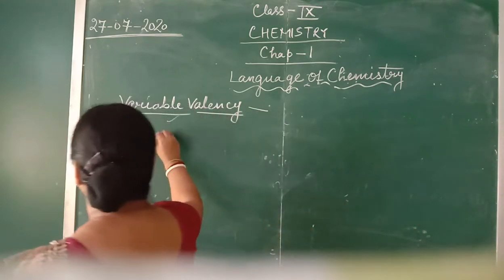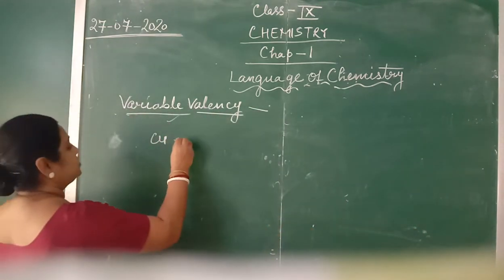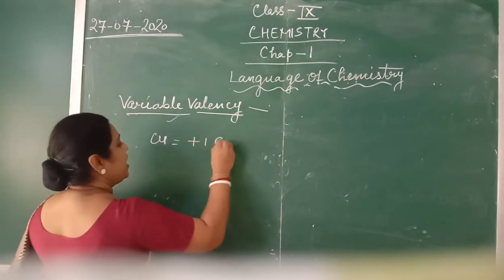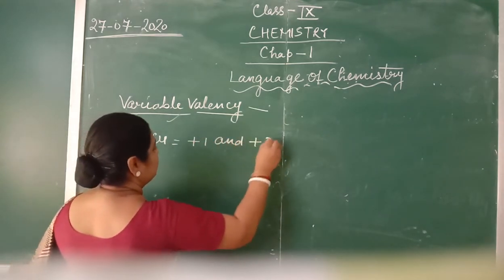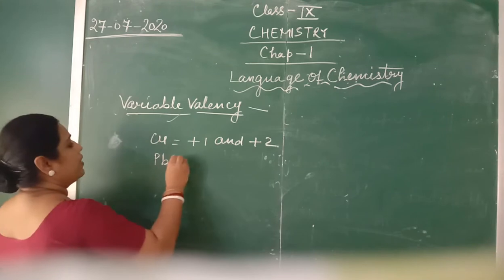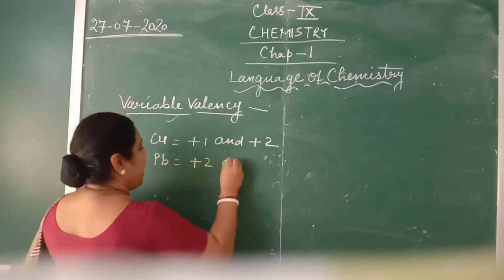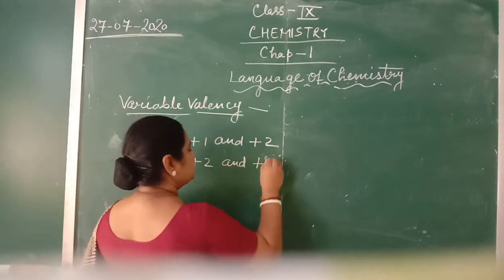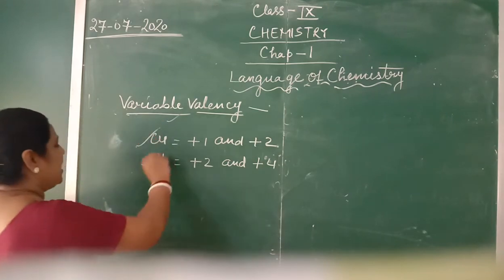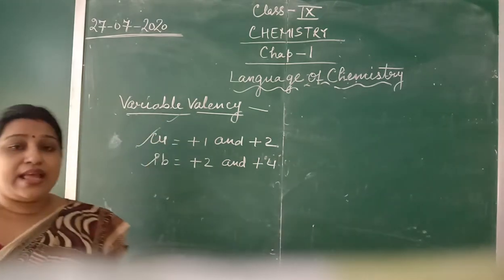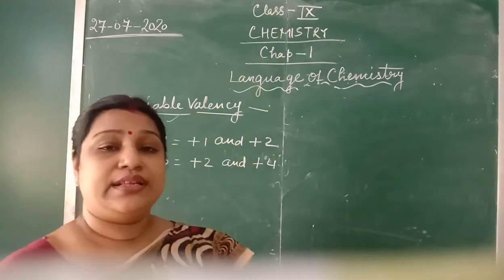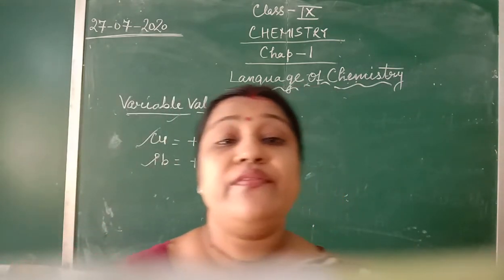Like copper has two valencies, +1 and +2. Lead has two valencies, +2 and +4. So copper, lead, and many other metals are exhibiting variable valency.